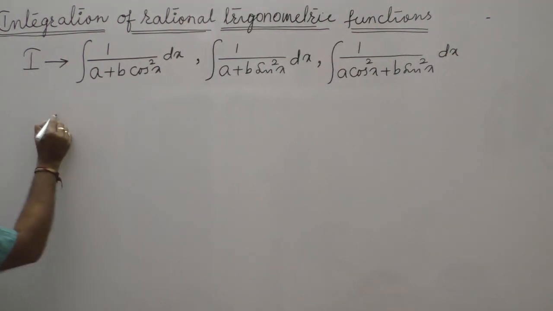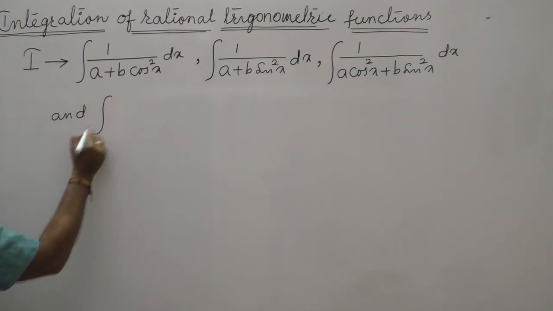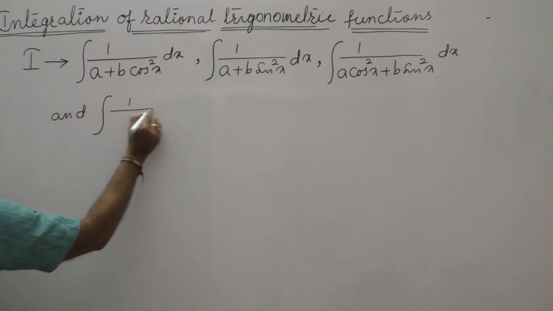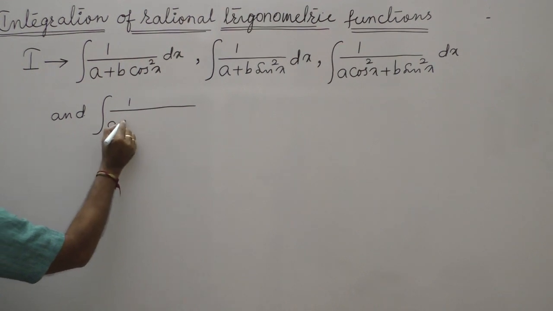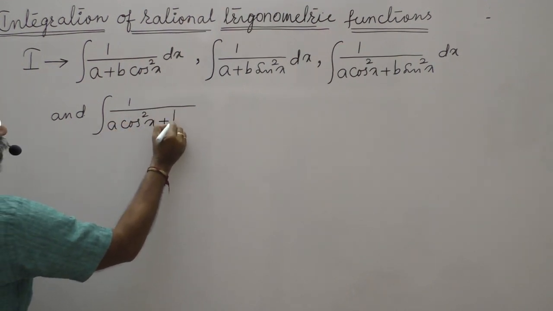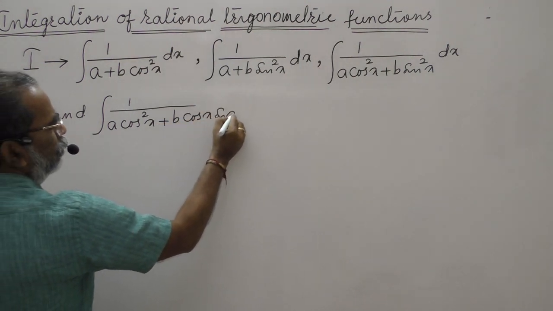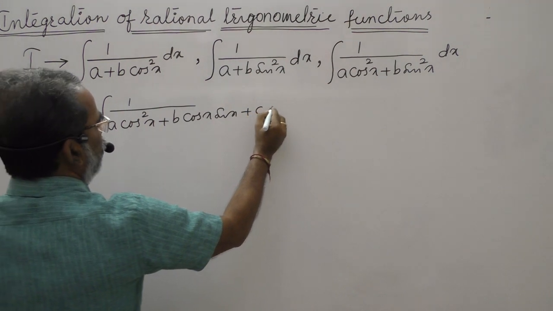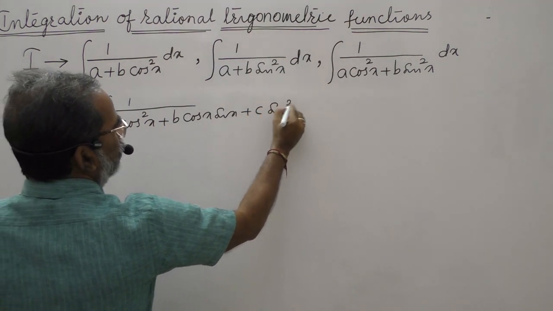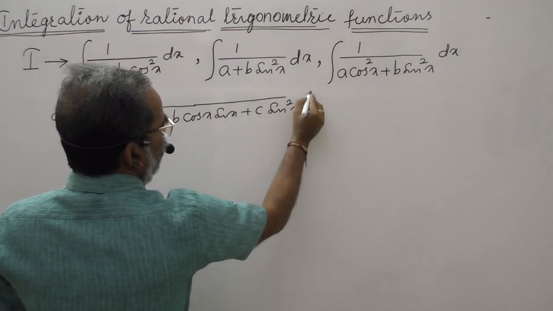And also one more, integral 1 divided by a cos square x plus b cos x into sin x plus c sin square x into dx.